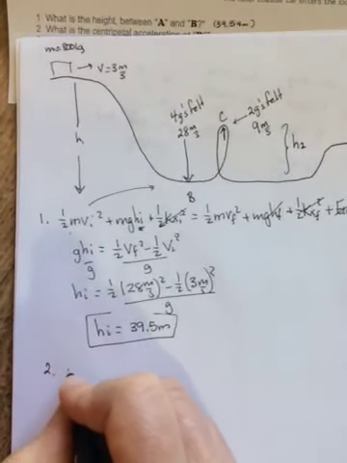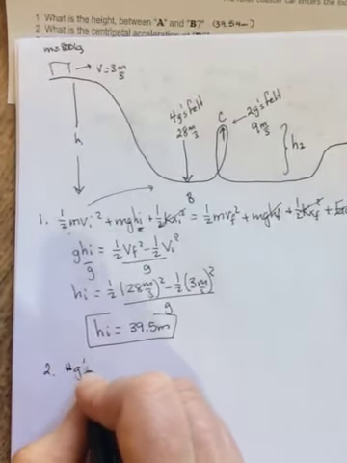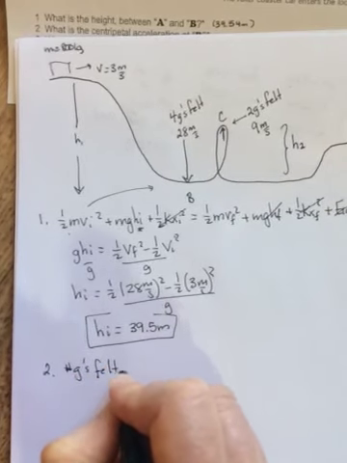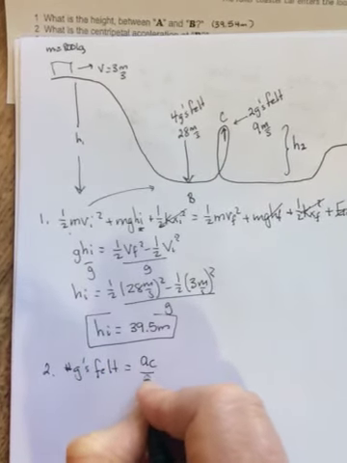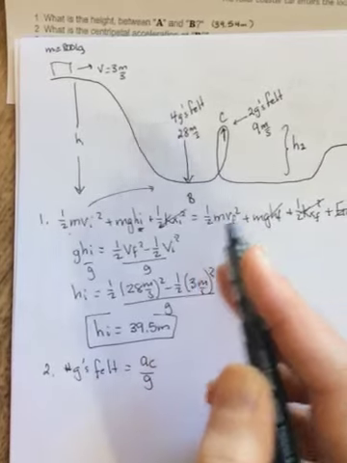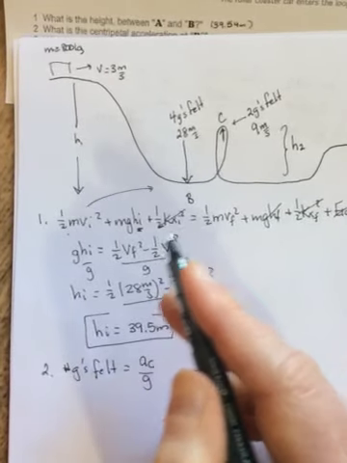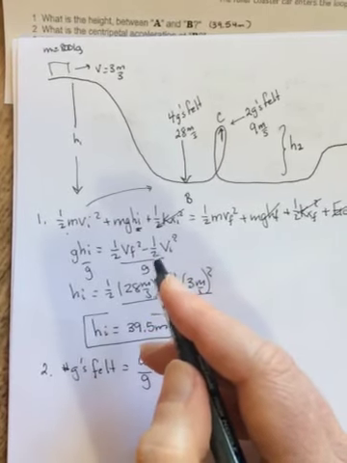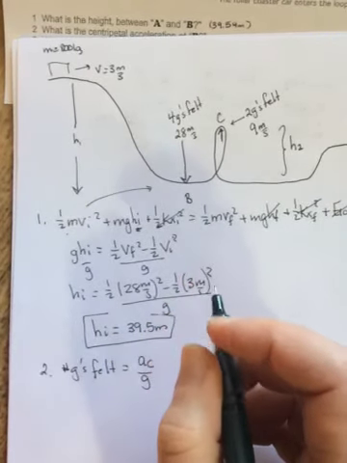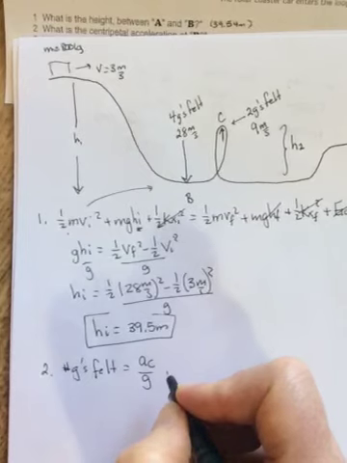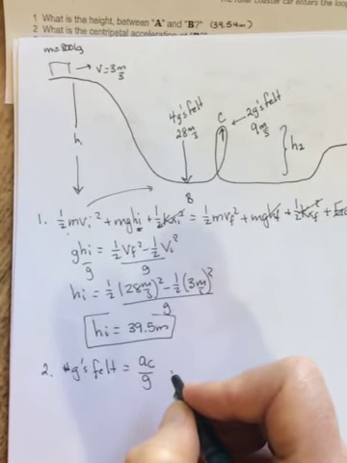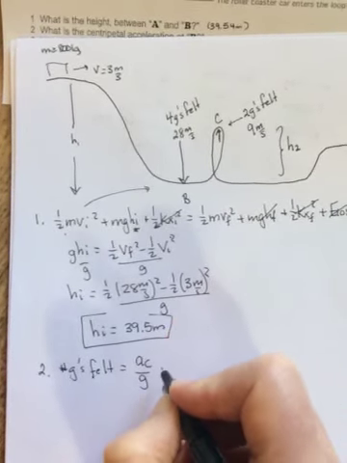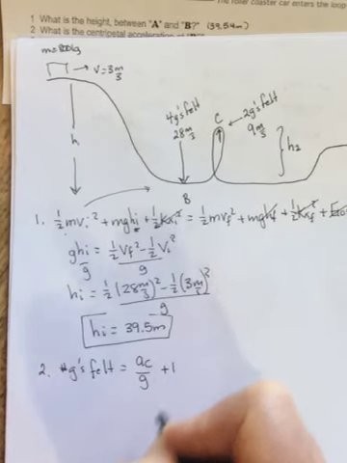And we know that the number of G's felt is equal to a_c over g, either +1 or -1, depending on if you're at the top or the bottom of the loop. In this case, you're at the bottom of the loop, so it should be, do you remember? At the bottom of the loop, it should be +1.